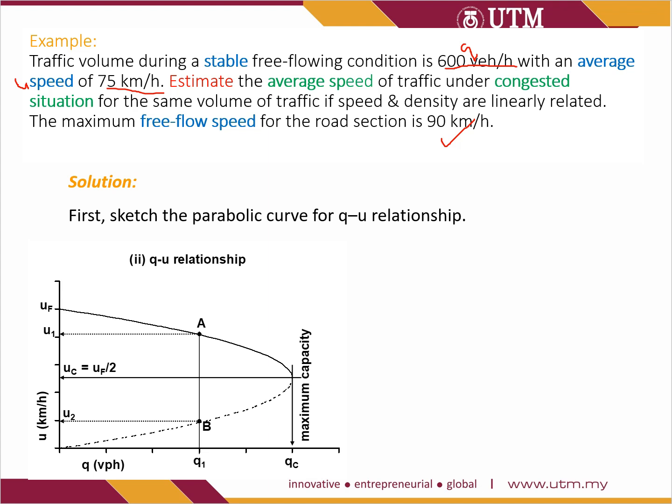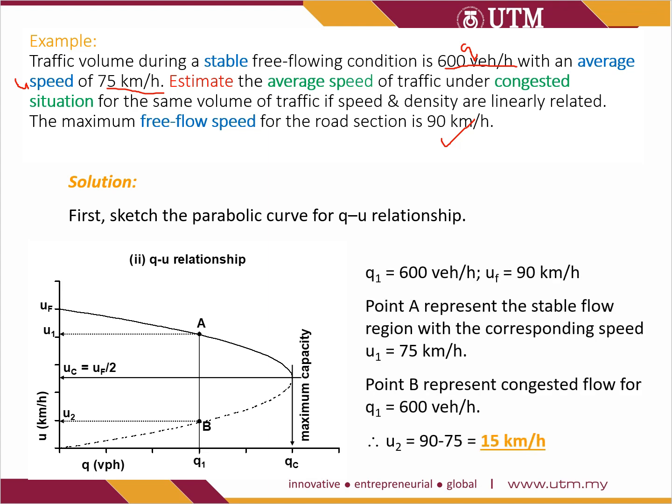It mentions that Q1 is 600, stable flow, and UF is 90 kilometers per hour, the maximum.